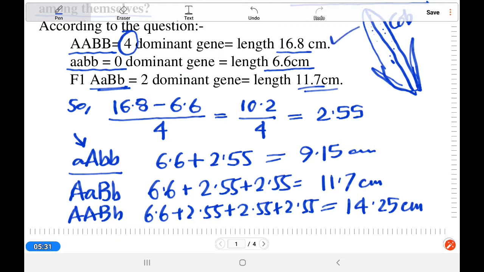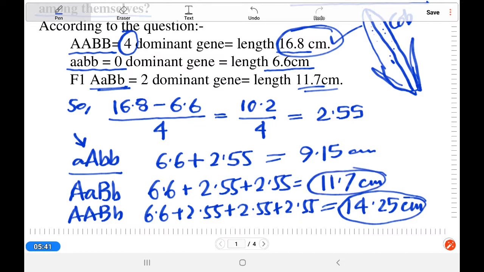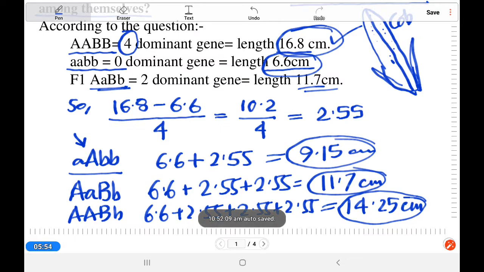When all four are dominant, it is 16.8. Then 3 dominant, 14.25; 2 dominant, 11.7; 1 dominant, 9.15; and when all recessive, 6.6 centimeter. That is what you have to calculate, and that is the answer.